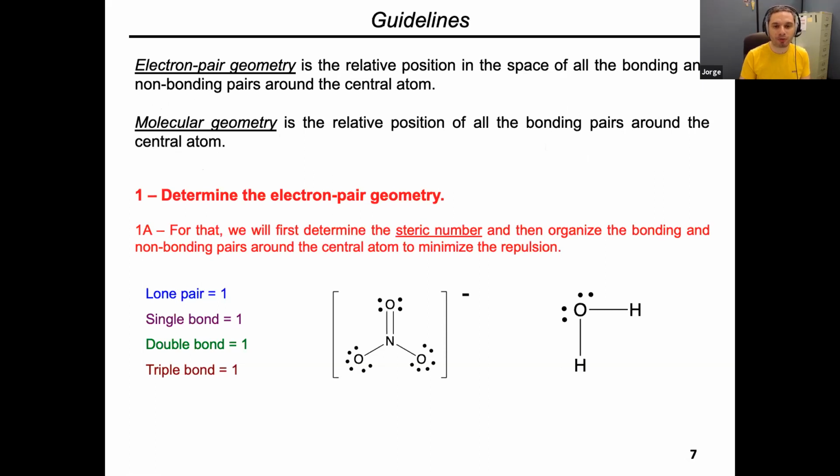Electron pair geometry takes into account bonding and non-bonding pairs, while the molecular geometry only looks at the bonding pairs. Therefore, step number one is to determine the electron pair geometry.